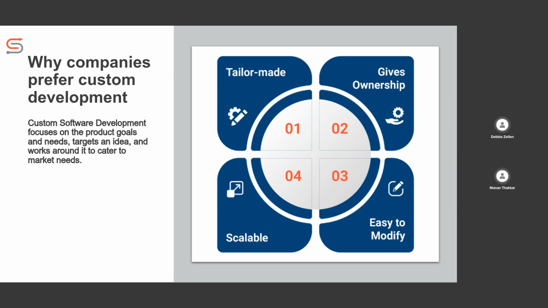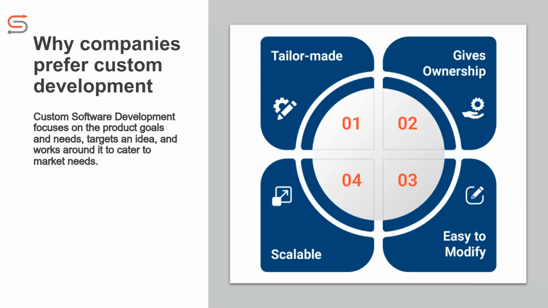So let's start talking about why do companies prefer custom development. The custom software development focuses on your goals, your specific business needs, targets your idea, usually automates some sort of process or creates some sort of portal. And it's very specific to your business process.